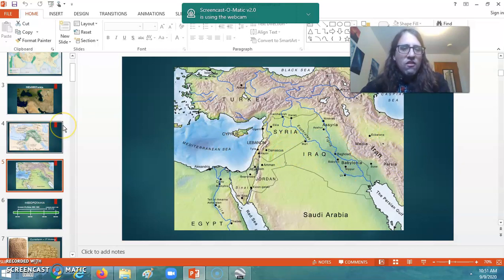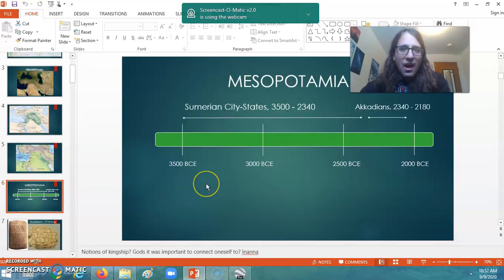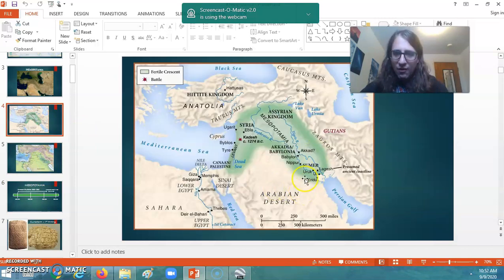So when we look at the cities of Mesopotamia, where we're going to start off in terms of time is basically in the area that is known as Sumer or Sumeria, and these are the city-states that are Sumerian. And that is basically the name of the region down here, Sumer. And there are particularly a few cities that are really important, like Uruk and Ur and Lagash. But there were a lot of different cities here.